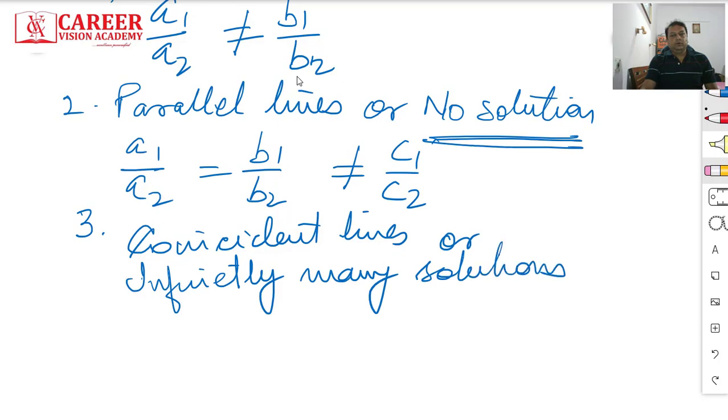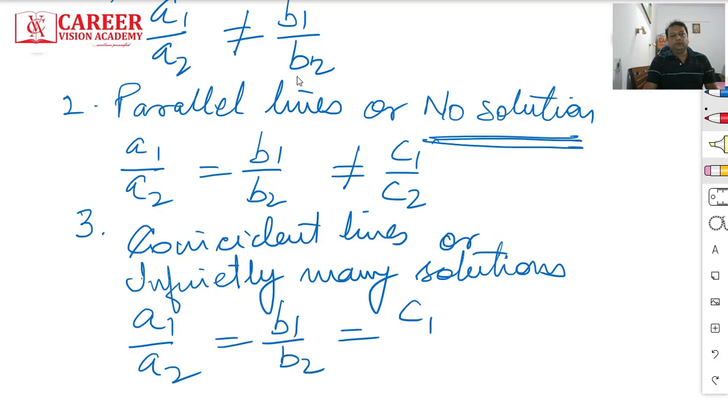As I told you, both the lines are coincident, so there are unlimited points common to these lines, and so we say they have infinitely many solutions. In this case we have a1 upon a2 is equal to b1 upon b2 is equal to c1 upon c2. So these are the three conditions.